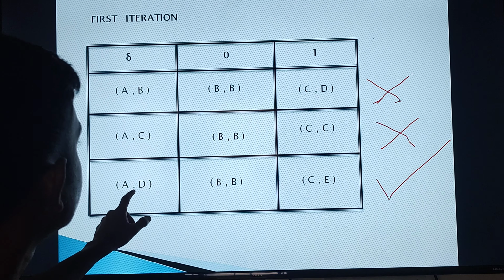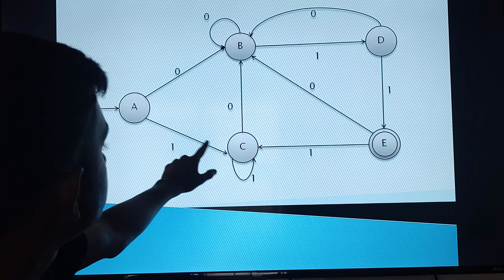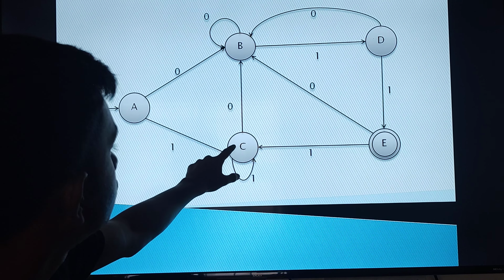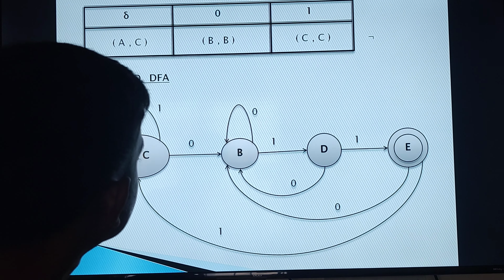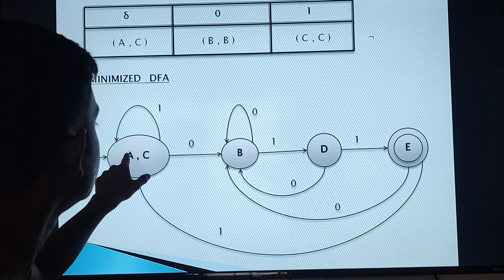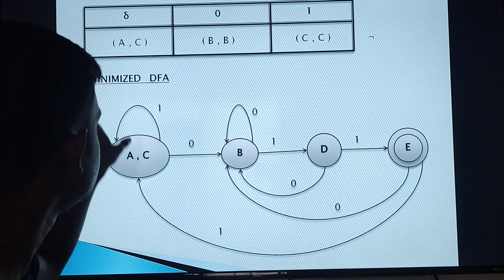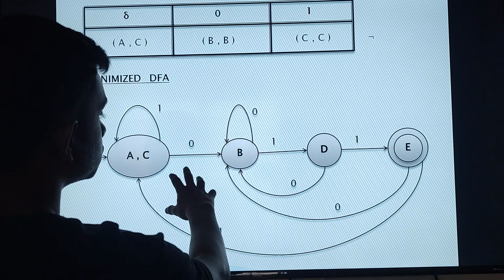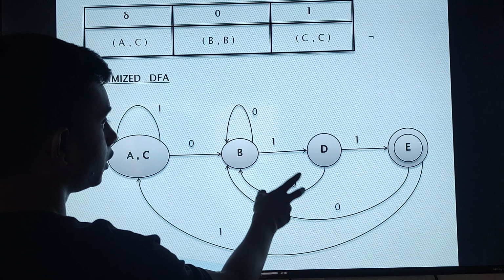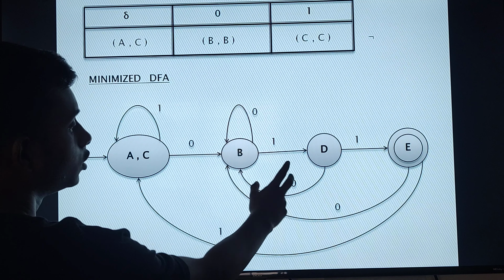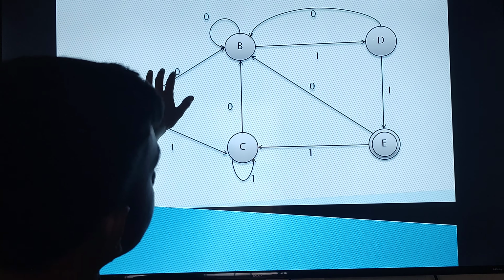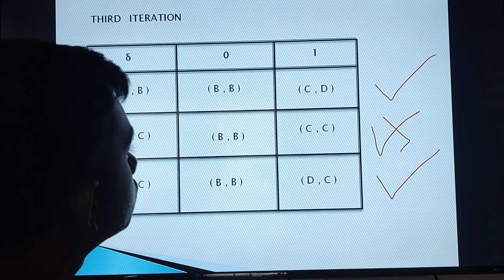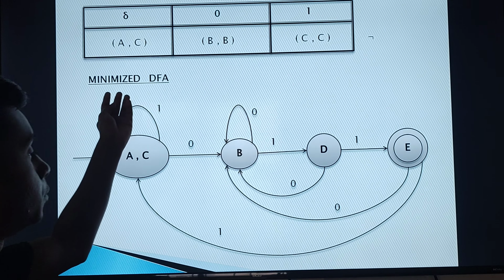Now for 1, on 1 it is going to C, and C on 1 it is going to C itself. And just copy all the directions and all the transitions from the original table. So we got our minimized DFA.